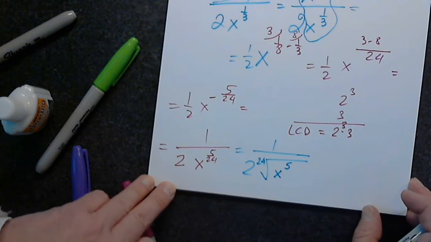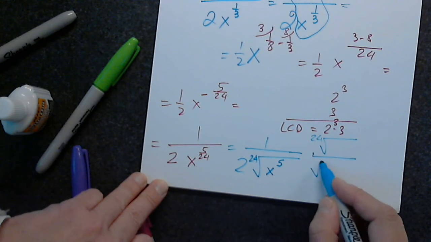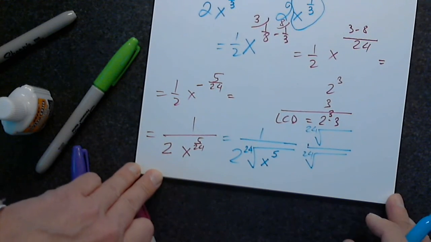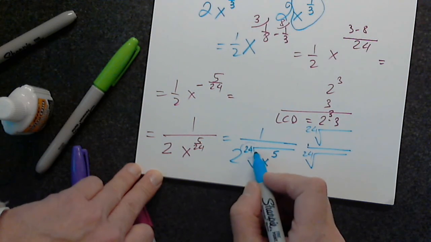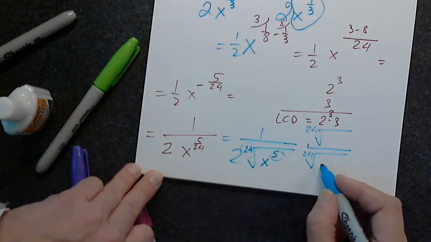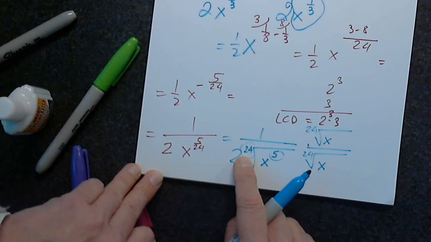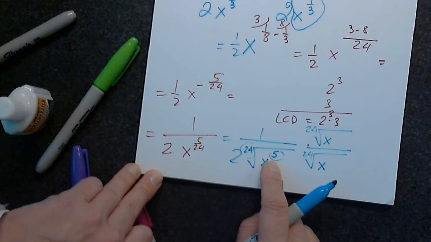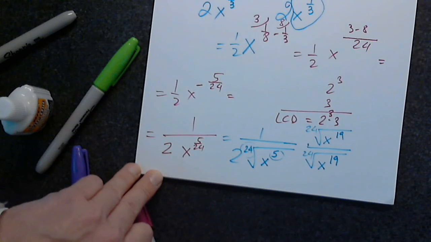Now I want to rationalize this. I have to use the same index, otherwise I can't multiply them. So I need a perfect 24th, but I only have 5. How many more do I need to form a perfect 24th? I only have 5. 19. Exactly.